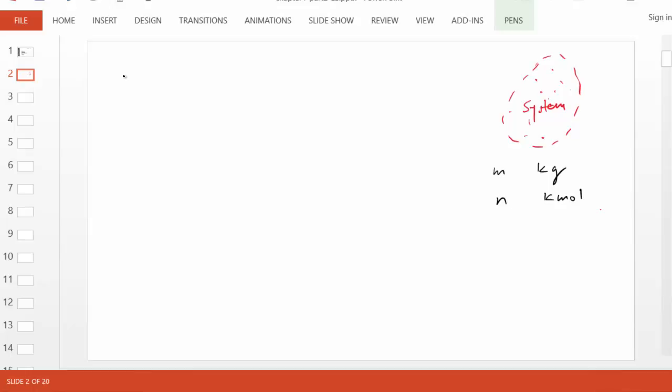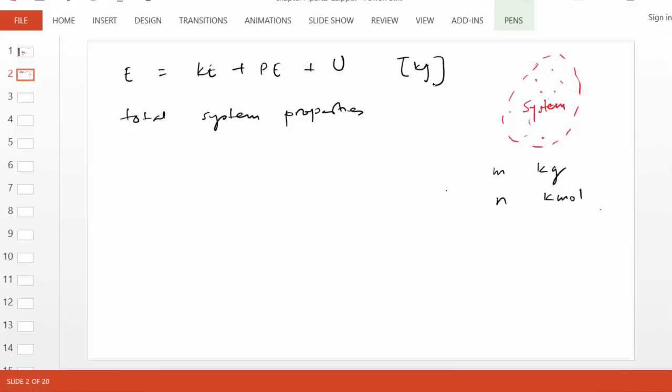We have also talked about already the stored energy E to be KE plus PE plus EU. Note that we use capital letters to describe total properties. So these are total system properties. Each of them has a unit of kilojoule.